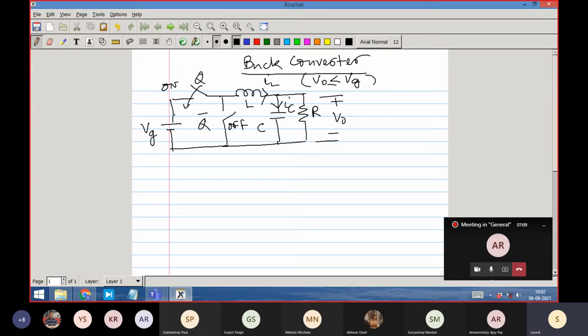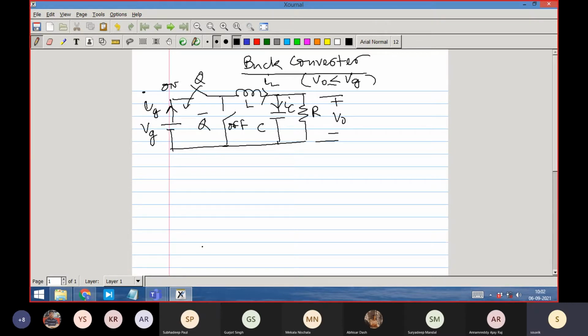This is Vg, and the current through this source we denote as Ig. So this is how we name the parameters: Q, Q bar, L, C, IL, IC, the load resistance R, and the output voltage V naught.